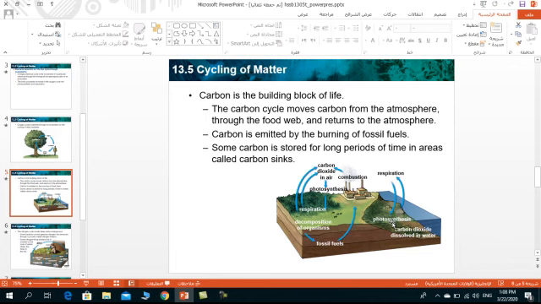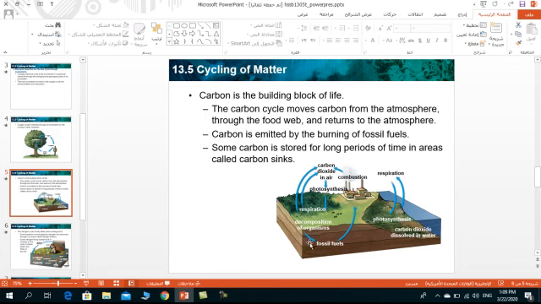Okay, how is carbon dioxide returned back to the atmosphere? This, of course, takes place through the respiration process, as we said before, that we take oxygen and we give back carbon dioxide. Also, the decomposition of dead organisms leads to the release of carbon dioxide.